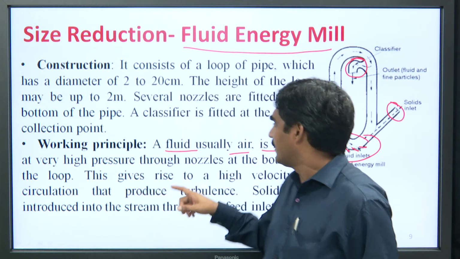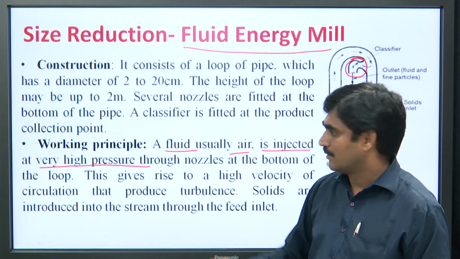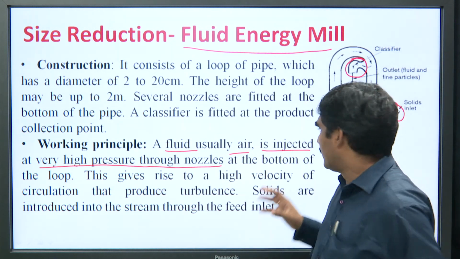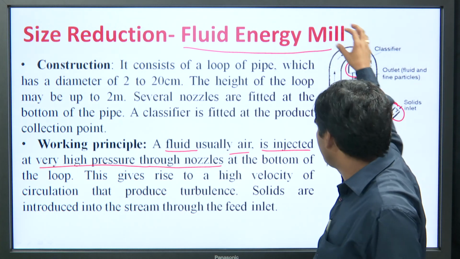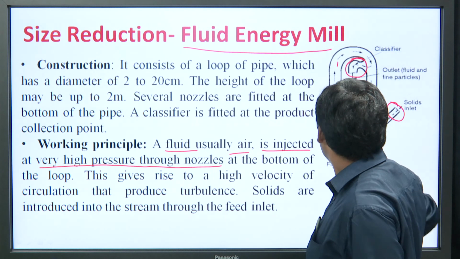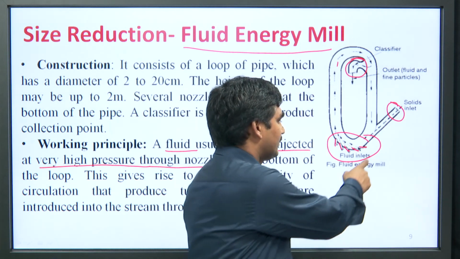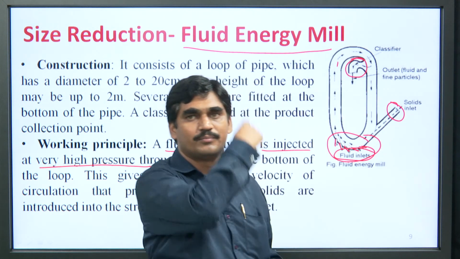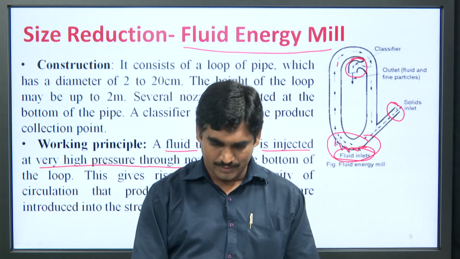The air enters the mill at a very high pressure through the nozzles, that is, through the fluid inlet, and it moves into the mill in a circular direction.